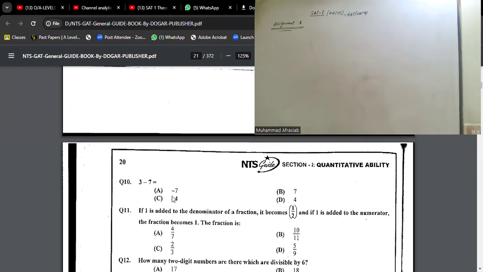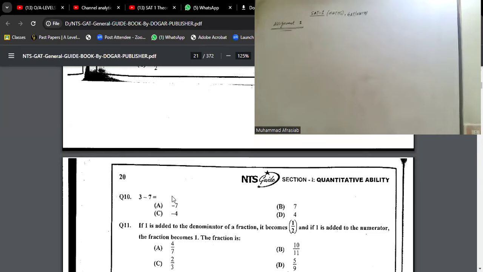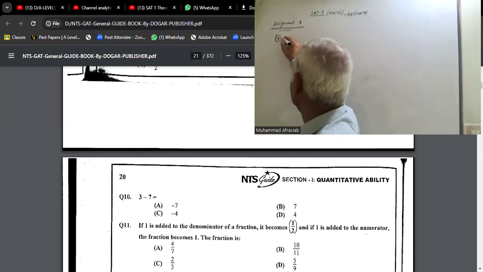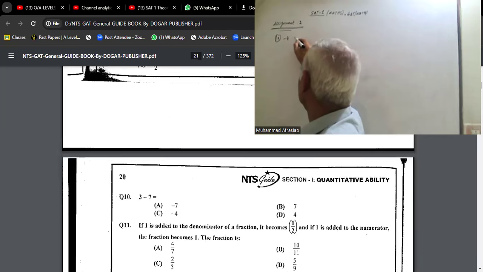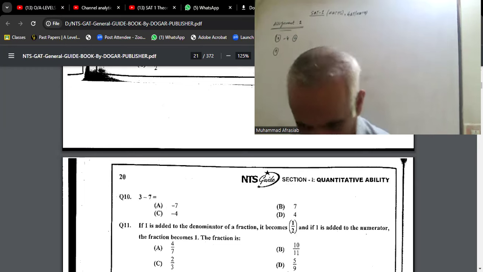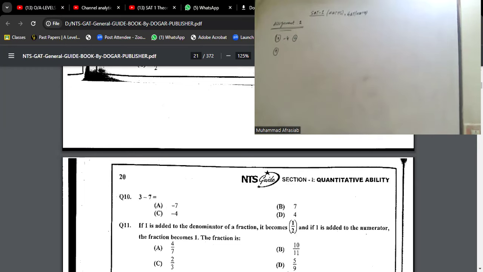Question number 10 now. 3 minus 7, that is equal to minus 4. So our choice is there C.